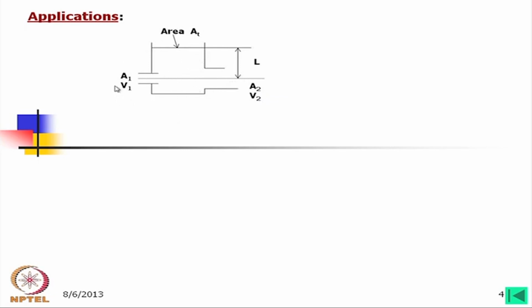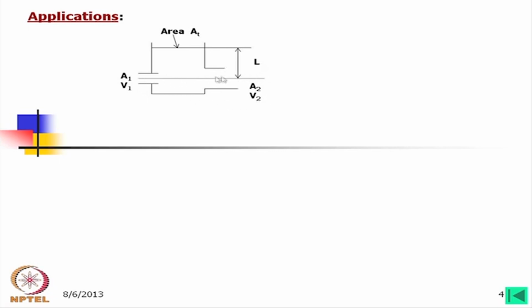Now, flow in to this control volume through the left side where the area is A1, V1 is the velocity, and the surface area of this vessel is AT, and height of a datum line is L, where the area is A2 and velocity is V2.